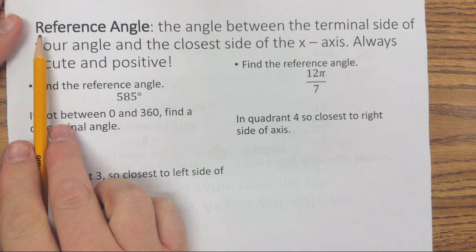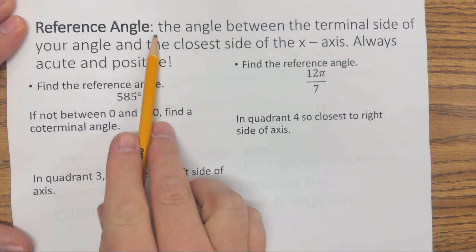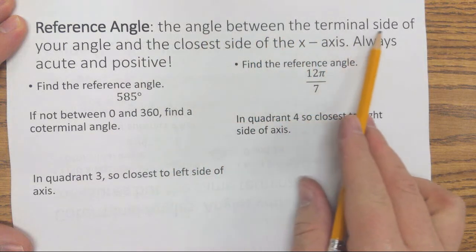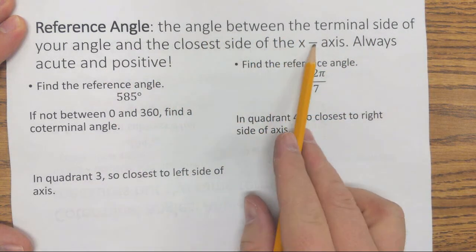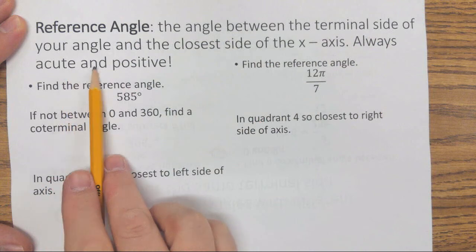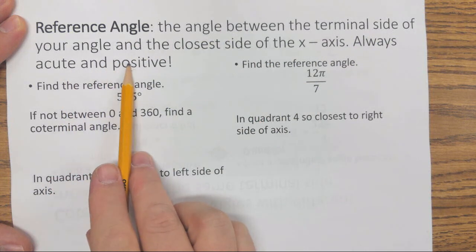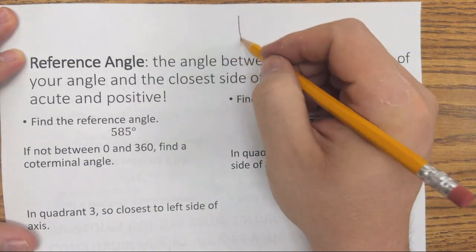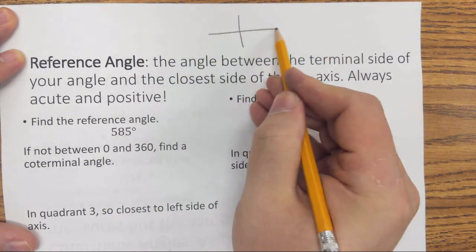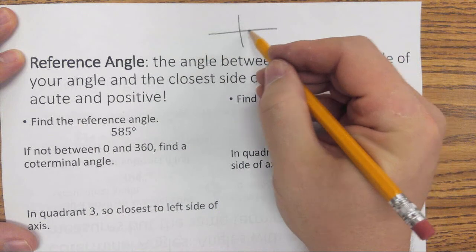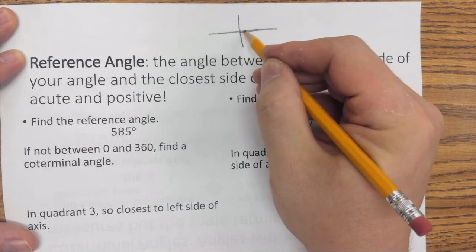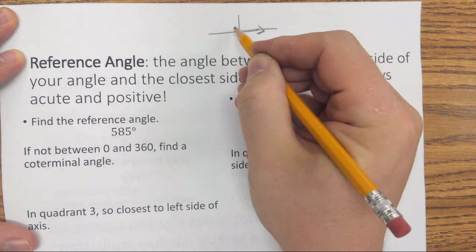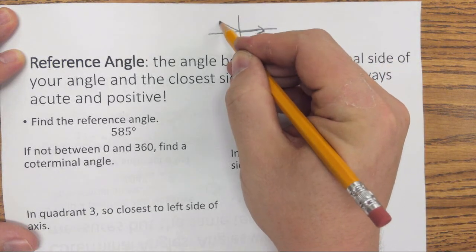Okay. We have something here called a reference angle. The reference angle is the angle between the terminal side of your angle and the closest side of the x-axis, always acute and positive. So in other words, I've got my axis here, I've got an angle, here's my terminal side.